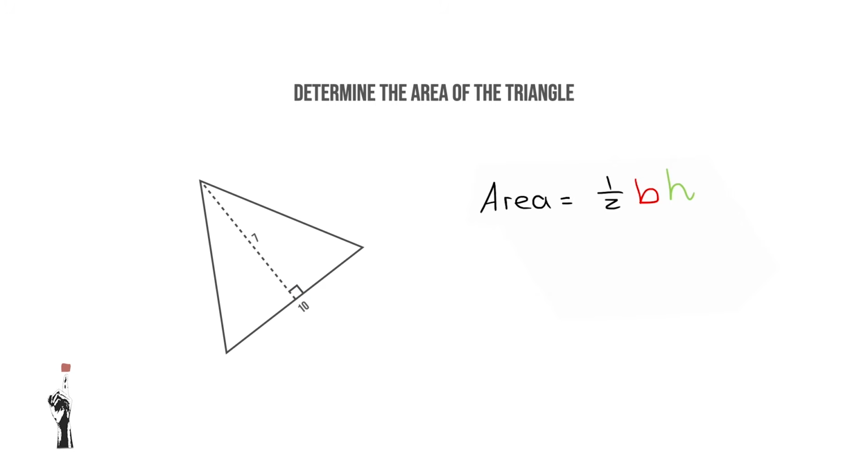I see that my perpendicular height is on this side, and therefore this will be my base. So I can write a half times 10 times my perpendicular height, which is 7. Therefore, it's a half of 10, which is 5, times 7, 35.